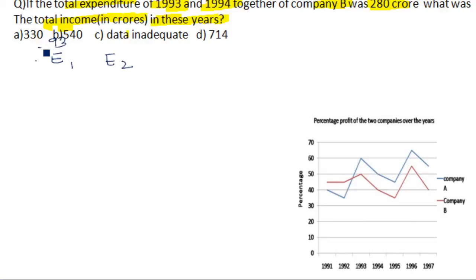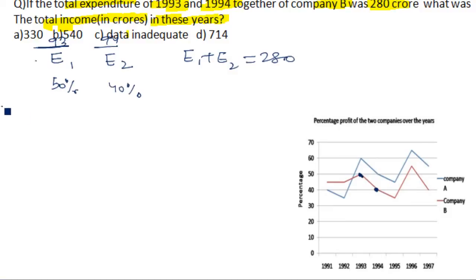This be 93, this be 94. We are given E1 plus E2, that is 280 crores, right? And percentage profits can be seen from here. In 93 for company B it is 50%, right? And in 94 it is 40%, right?